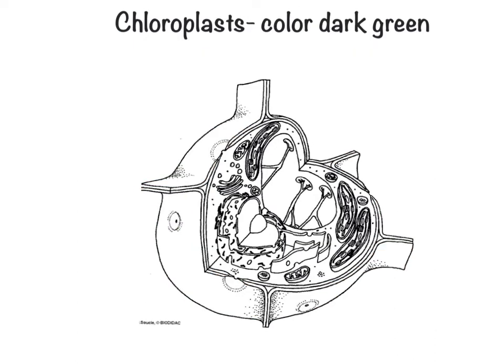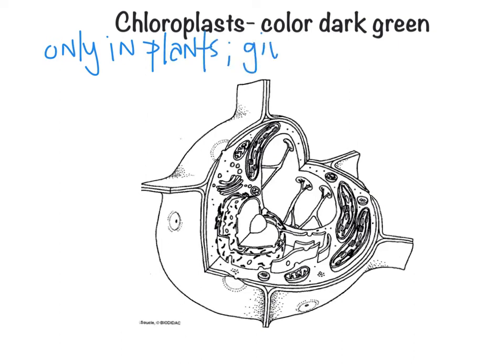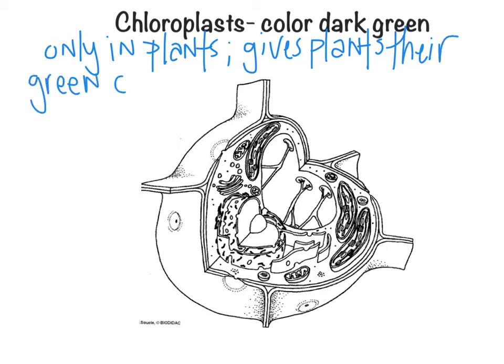Our chloroplast. So again, these are things that are also only in plants. Okay, they're not in our animal cells. So they're only in plants. This is what gives plants that green color. Okay, they have chlorophyll in them. Green color, because of chlorophyll.